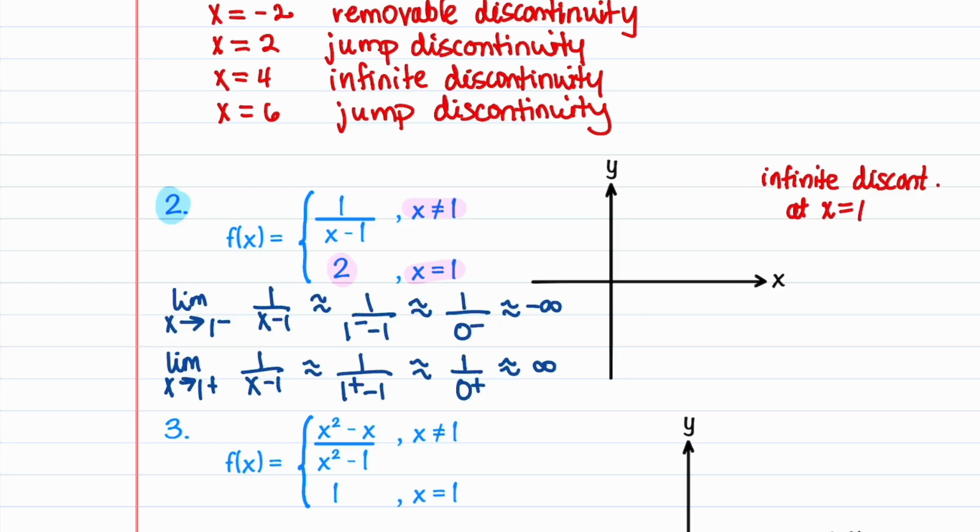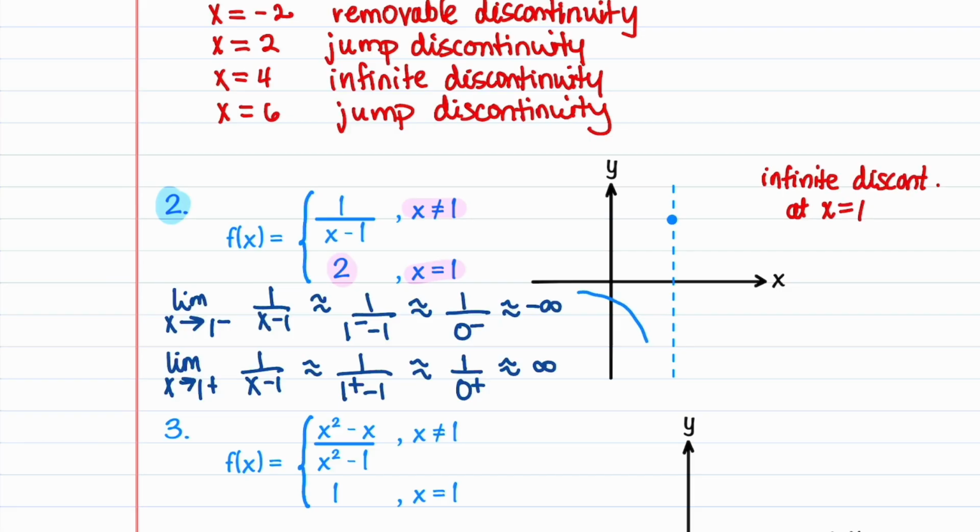Let's go ahead and graph this just so that we can better understand it and see what it looks like. We have an infinite discontinuity at x is equal to 1, so we'll put a vertical asymptote there. And then at 1, our function is equal to 2, so we'll put a closed circle here. As we approach 1 from the left, we're going down to negative infinity.